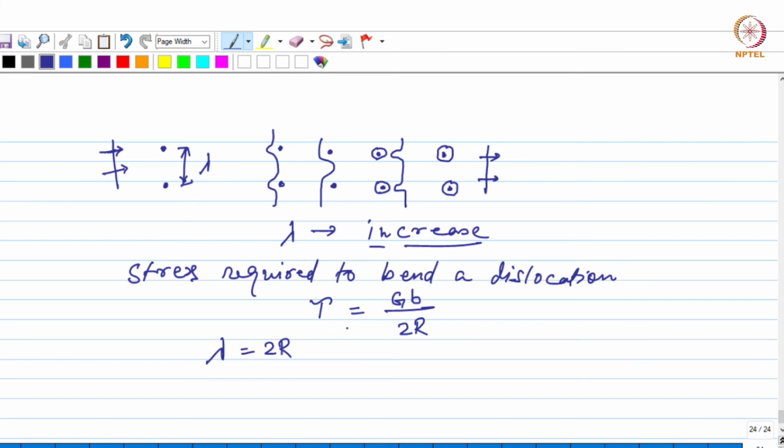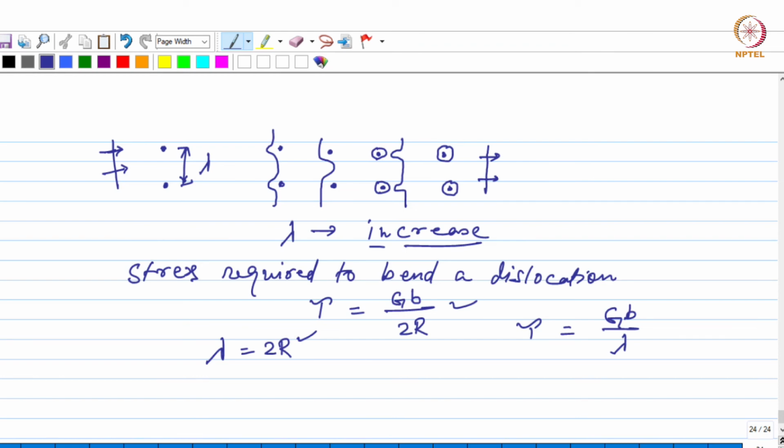So now if you replace R over here, then you would get tau as GB by lambda, right? And from here, you can easily see that as lambda increases, the stress needed to move the dislocations will decrease, and as a result of that, the hardness and the strength will come down, right?